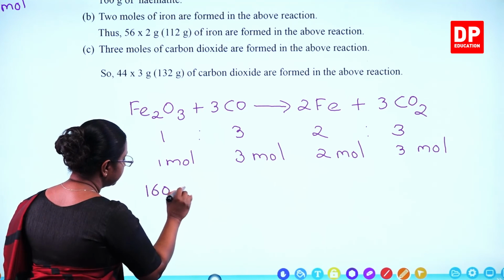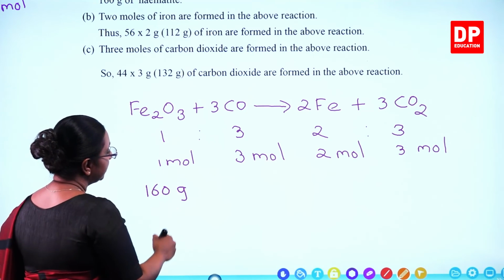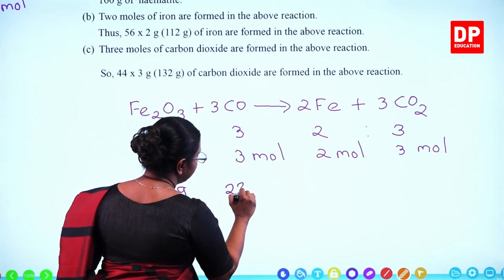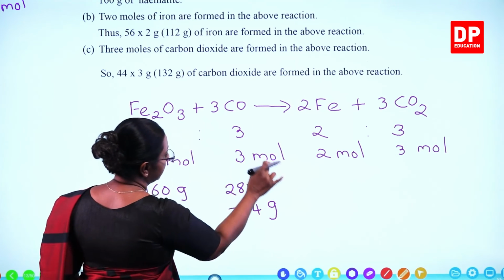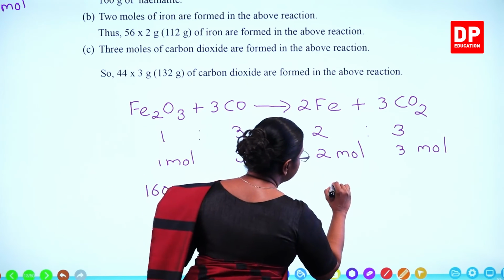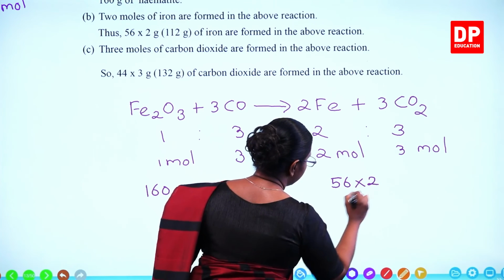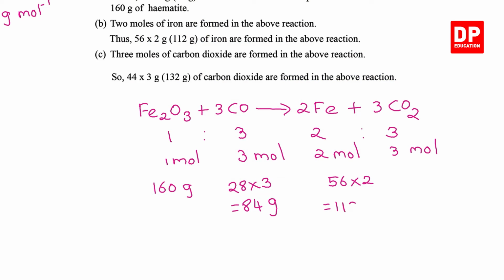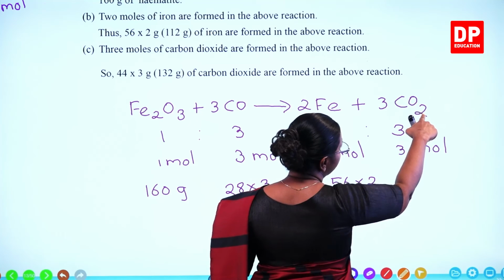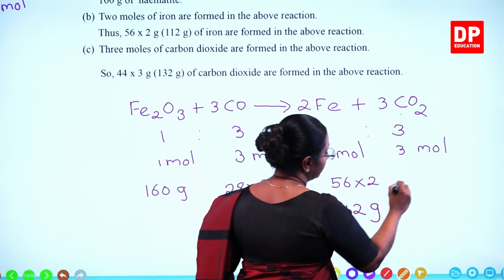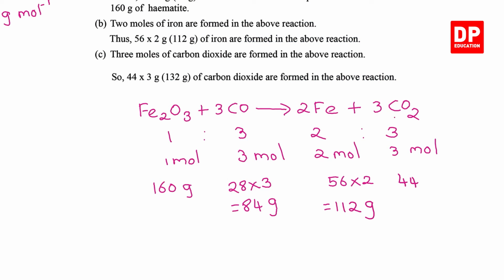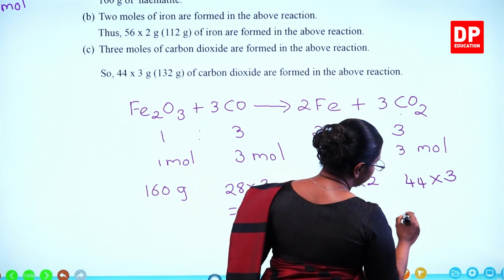So if you take 160 grams of hematite, you need 28 into 3, that is 84 grams of carbon monoxide, and iron is 56 into 2. So you will get 112 grams of iron, and also CO2, carbon 12 and oxygen 16 into 2, so it's 12 plus 32, 44 grams per mole, CO2 into 3.